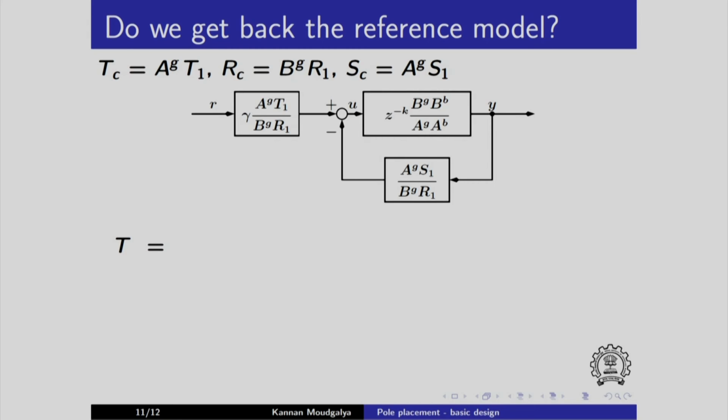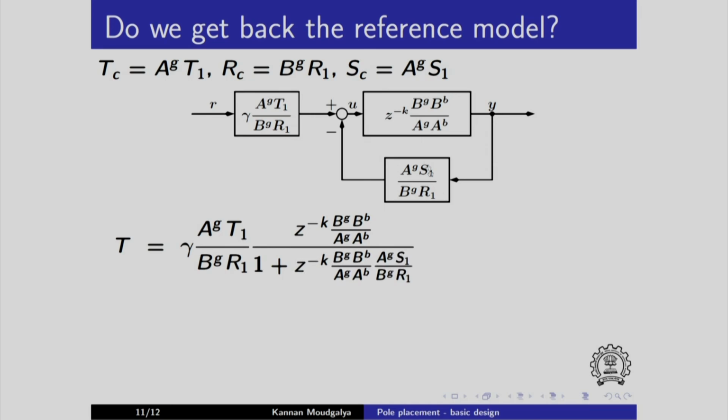Let us evaluate the closed loop characteristic polynomial, which we denote as T. T equals whatever comes here is written first, and then what appears in the forward path comes here, then 1 plus the product of these two transfer functions. So let me simplify this. It is easy for you to verify this.